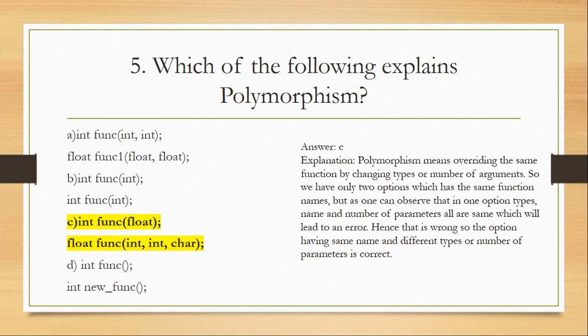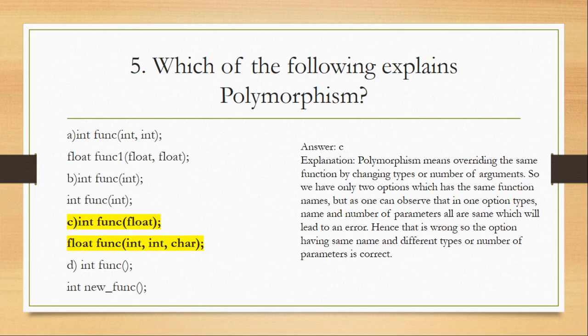We have only two options which have the same function names, but one can observe that in one option the types, name and number of parameters are all the same, which will lead to an error, hence that is wrong.